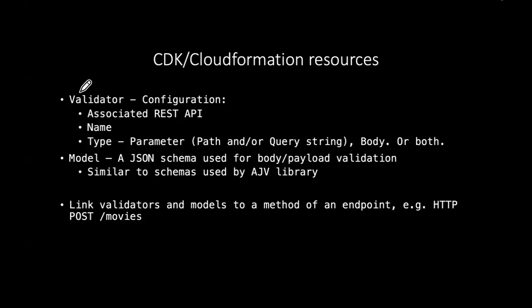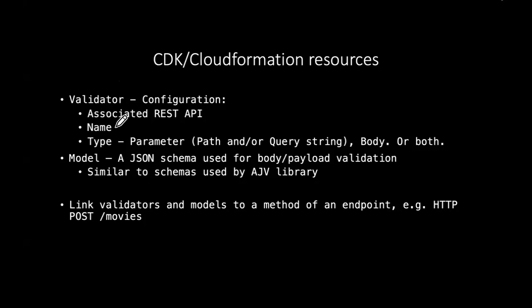For a validator construct, from a configuration point of view, the kind of things you need to specify are these things here. You need to tell it which particular REST API you are associating this validator with. So the REST API, we know how to create a REST API. That's the top level resource. When you create a validator, you need to link it to a REST API.